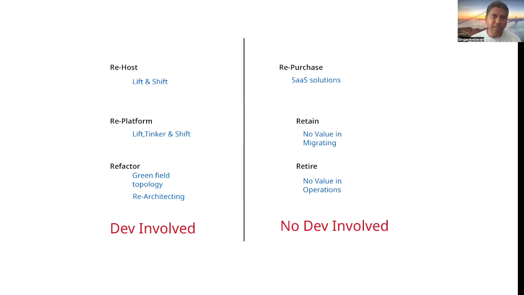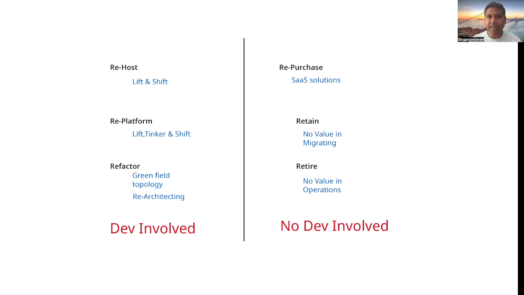Instead of running it on VMware, you might set up EC2 instances with a group which has auto scaling, or you might move your applications from Oracle to an AWS RDS system, or you might use a cloud-provided notification service instead of the one that is currently supplying your physical data centers. So that is replatform, which is lift, tinker, and shift.